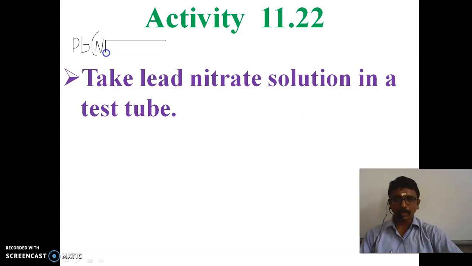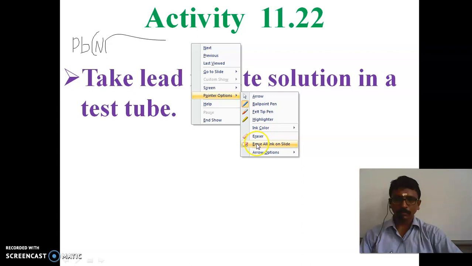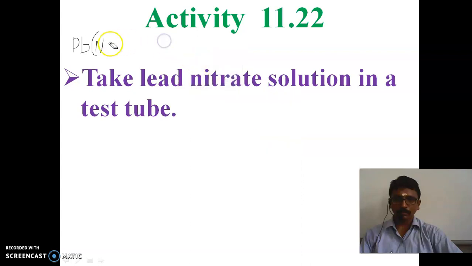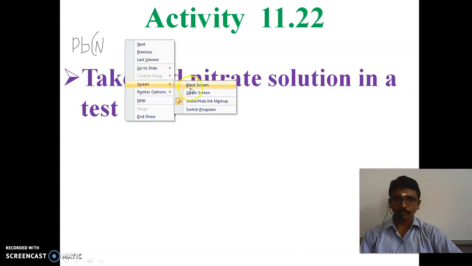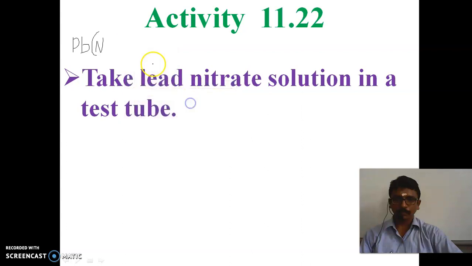The valency for lead is +2 and the valency for nitrate is -1. So Pb(NO3)2 is the formula for lead nitrate.